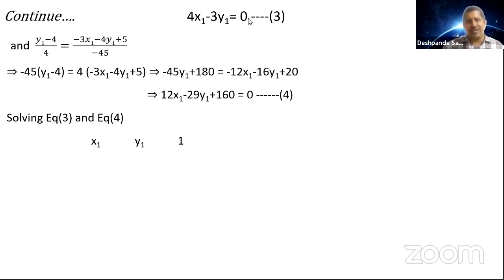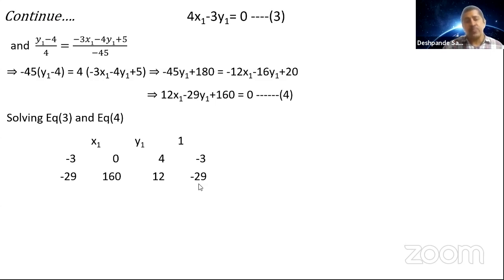There is no constant here, so it means that you can take 0. Then 4, minus 3. So you get minus 3, 0, 4, minus 3. For second equation also do the same thing. You get minus 29, 160, 12 and minus 29.